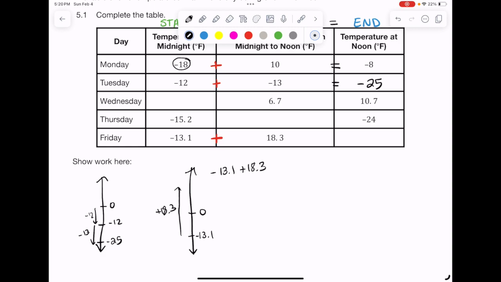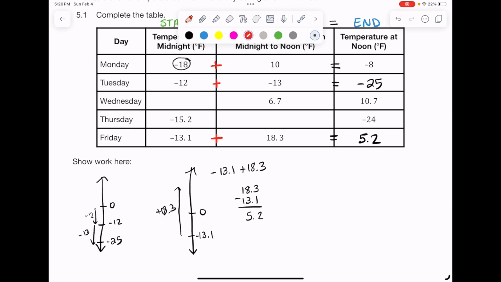We're adding a positive number and a negative number. So to get the sum, you can subtract the absolute values, 18.3 minus 13.1, and you'll get 5.2. In this case, 18.3 has the greater absolute value, and it is positive. So the final answer here is going to be positive 5.2 or 5 2/10 degrees.